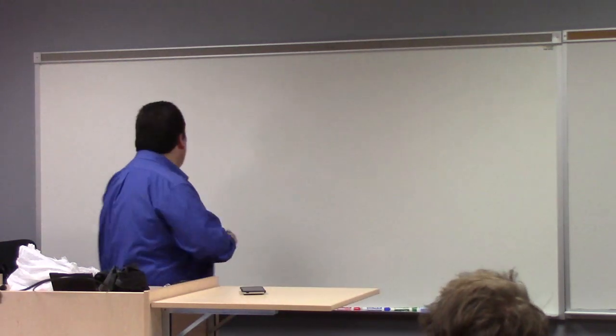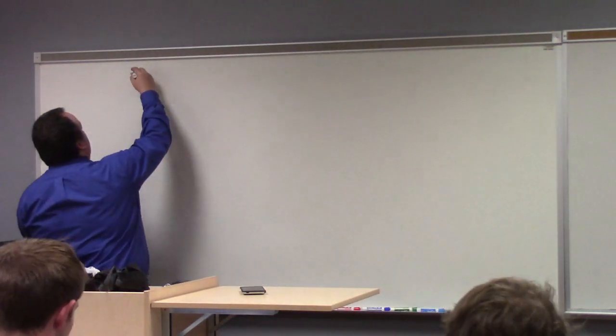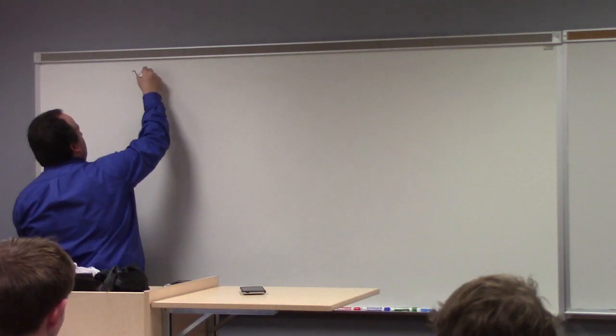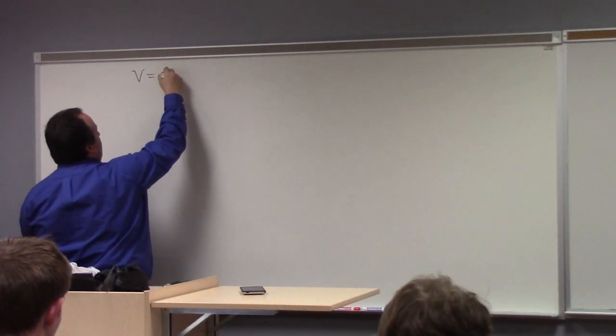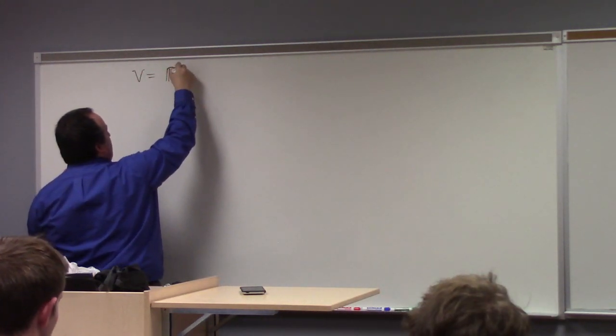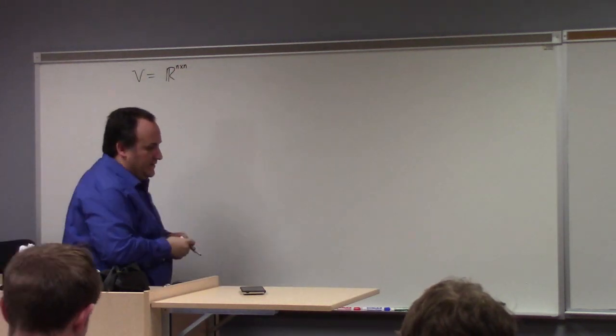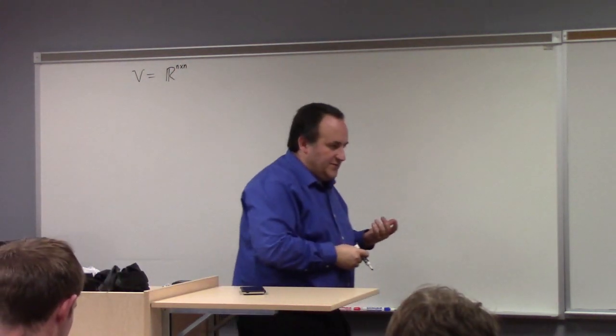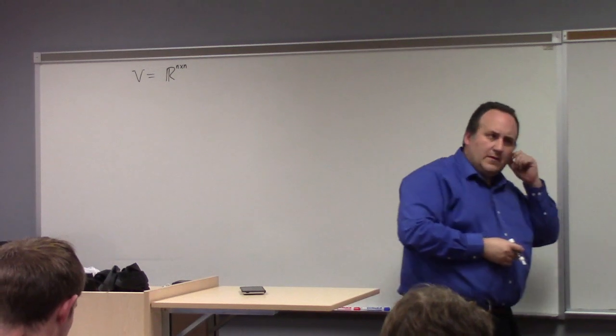All right. So I think I'm going to talk to you guys about the vector space of n by n matrices. Right? So n by n matrices form a vector space, right?